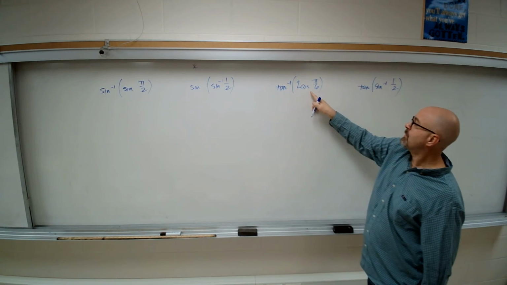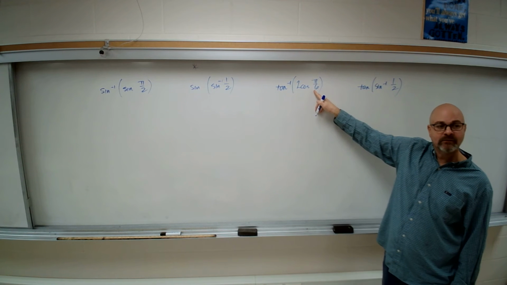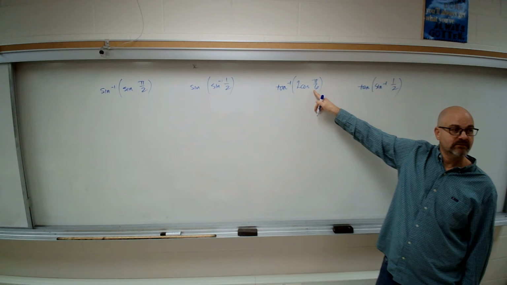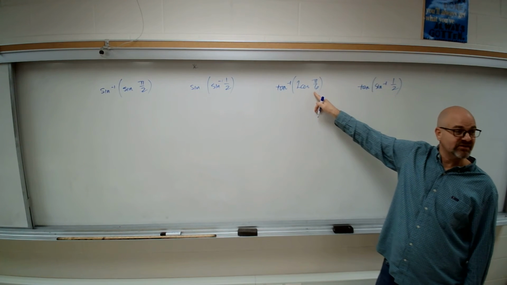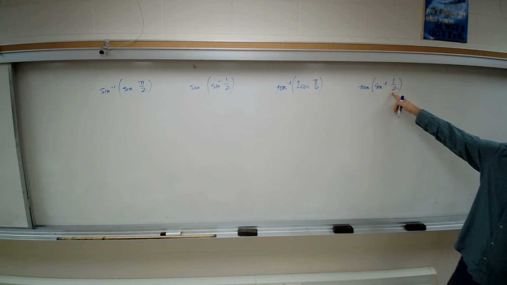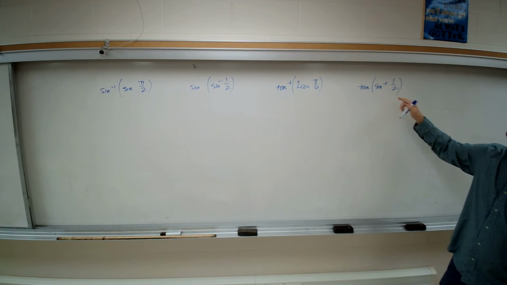Here, is pi over 6 an angle or a ratio? What's inside a cosine function, so it must be an angle. Okay? Here, is 1/2 an angle or ratio? Ratio because it's inside an inverse sine function.